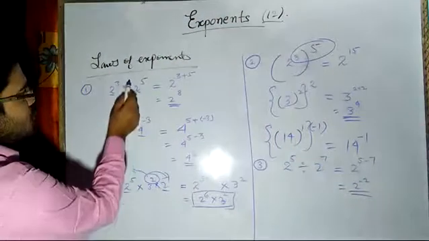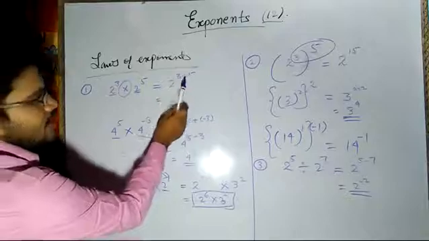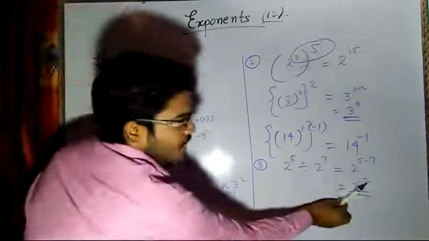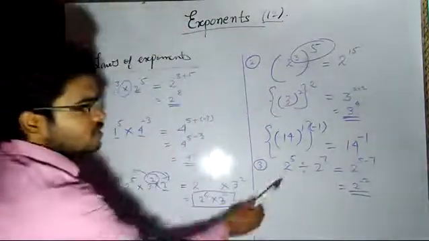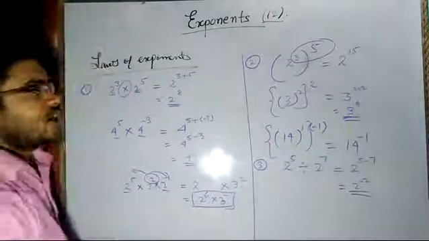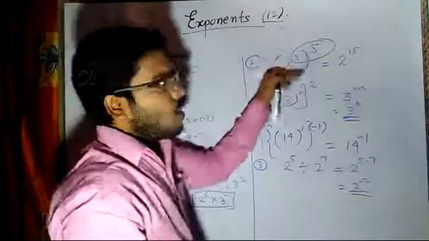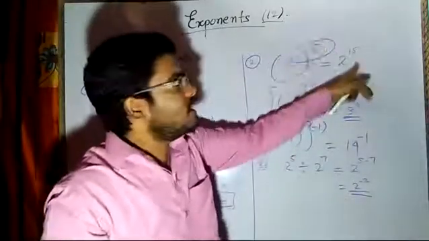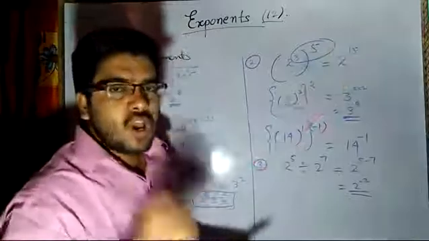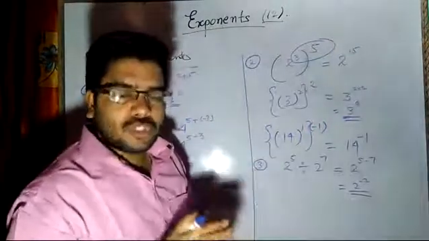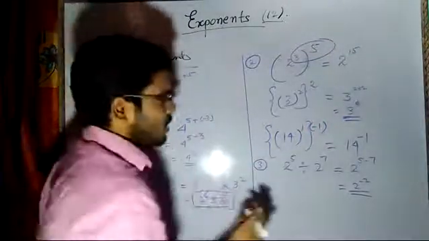Understood? In case of multiplication, we have added. In case of division, we have subtracted their powers provided the bases are the same. In case of one base with exponent upon exponent, we have multiplied. These laws are very important; you should remember them one by one.